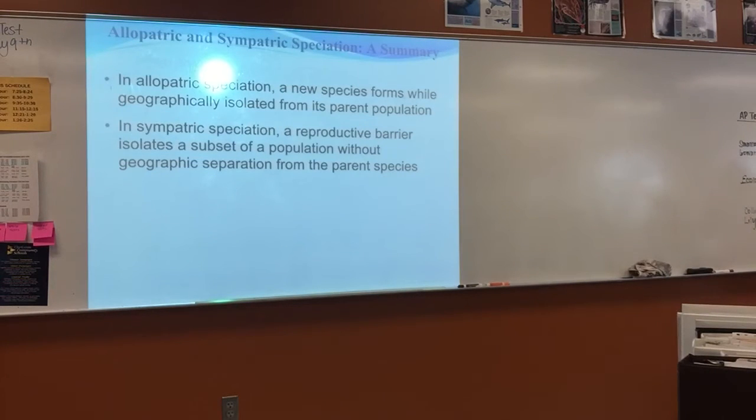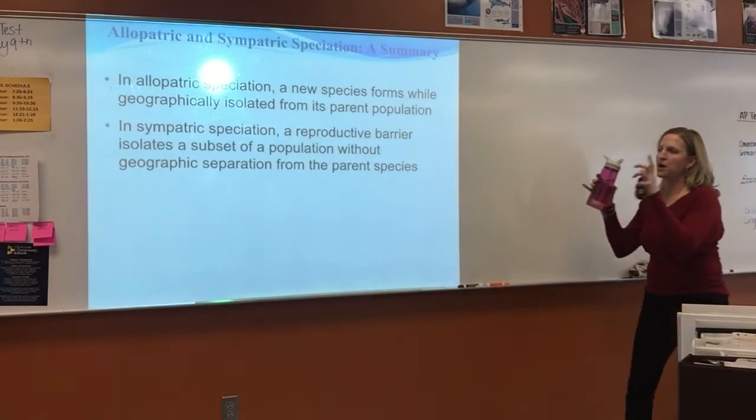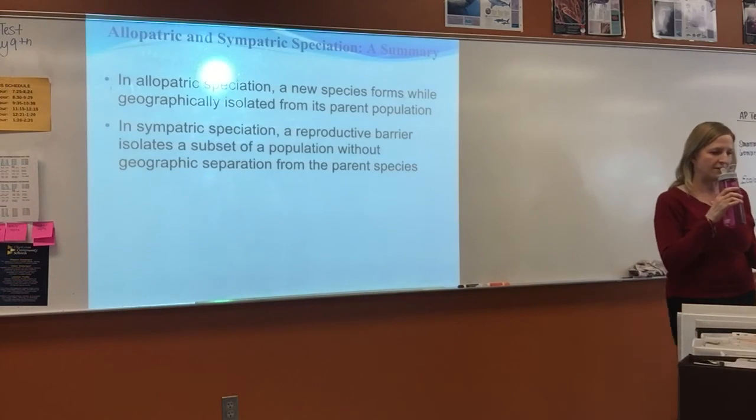So, to wrap this up, in allopatric speciation, remember, a new species formed while geographically isolated from its parent population, and in sympatric speciation, a reproductive barrier isolates a part of the population without geographic separation.